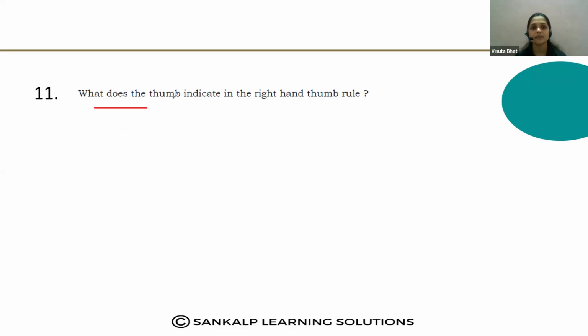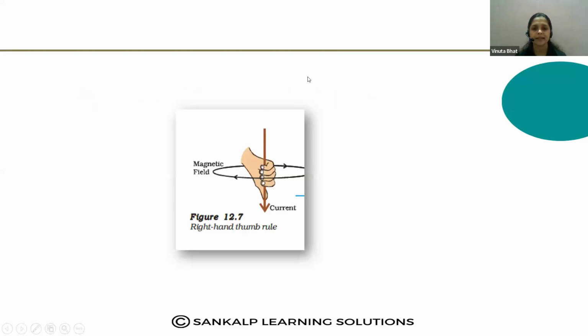What does the thumb indicate in the right hand thumb rule? See the diagram. This is the current carrying conductor, and this is the magnetic field produced around the current carrying conductor.